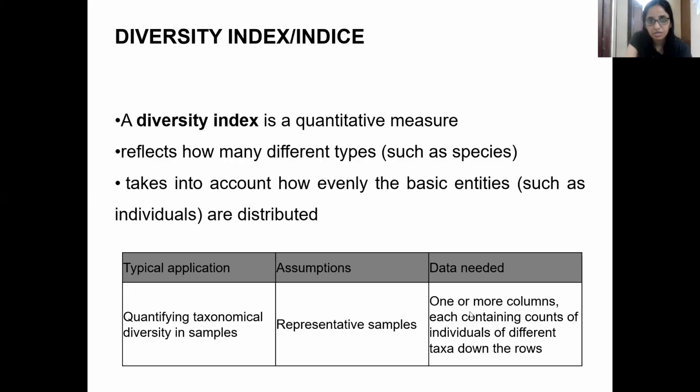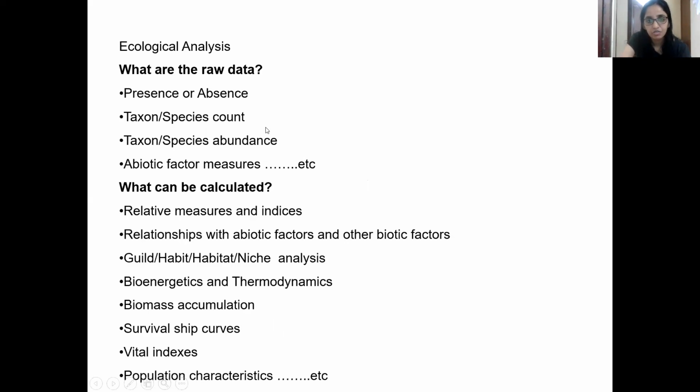We were talking about different types of raw data which we use for ecological analysis. In addition to that, the key to becoming a good ecologist is that you have to collect everything that is directly or indirectly connected with your study. Sometimes an observation you make may not make any sense at that time, but it will be very important at a later stage.